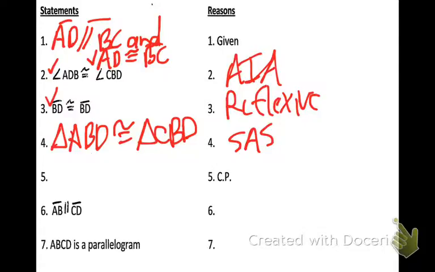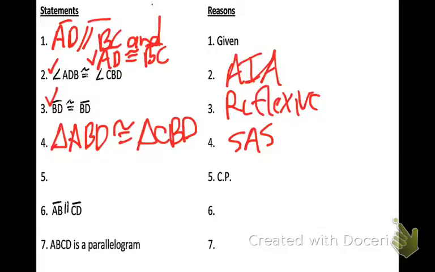Step 5. What would I want to say by CP? Brian? Yeah, you could do that. That's one way to prove this, but if you look at the next step, we're wanting to show that AB is parallel to CD.